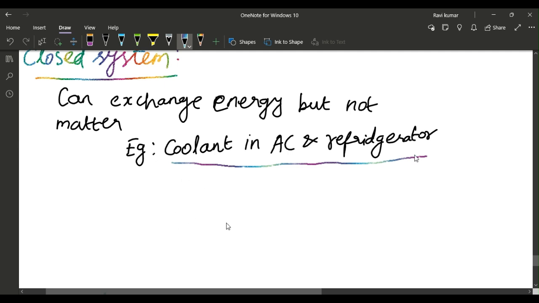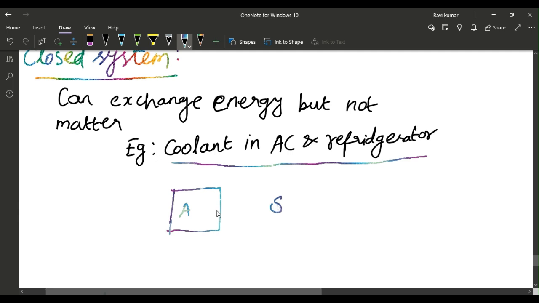This cooling system, how it works, I have already mentioned in the previous video, when there is a thermal equilibrium between a system A and the surrounding. This is the inside of the refrigerator and this is the surroundings.